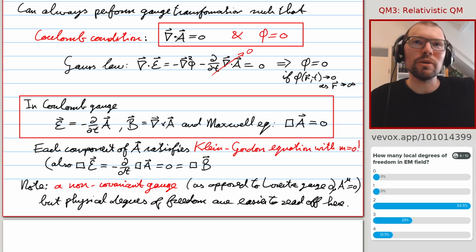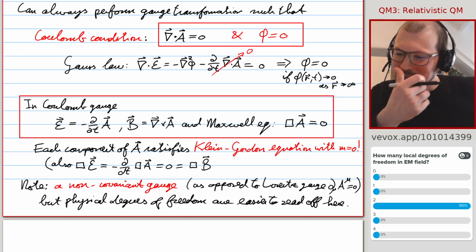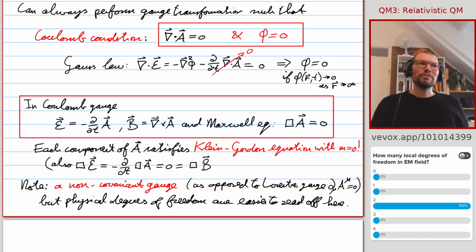We're removing 1 from the 3, so we're left with 2. Somebody is still holding on to the 4. Not anymore. Good. But this should be familiar to you, right? If you have light, there are 2 polarizations to it.